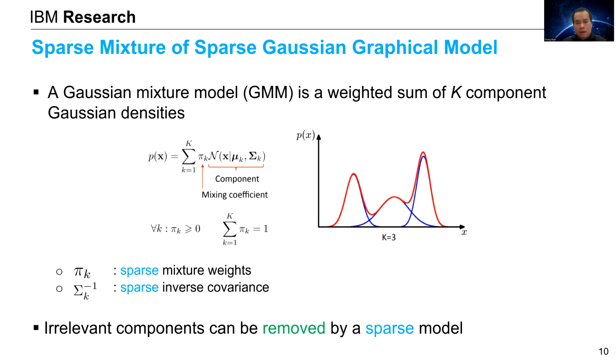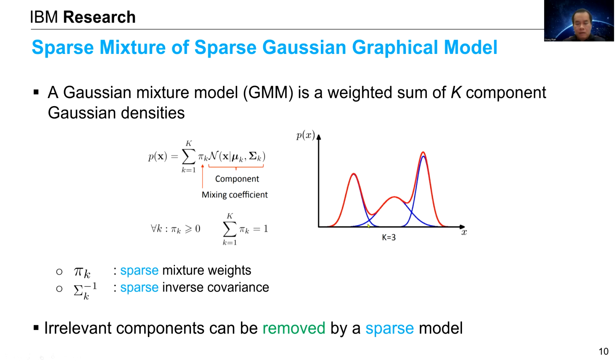Now, let's move on to the second technique to learn the density function. In this scenario, we assume that the model has a multimodal nature. For that, we propose to use the Gaussian mixture model to learn the prediction function.